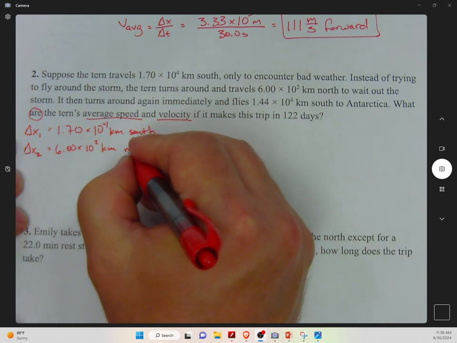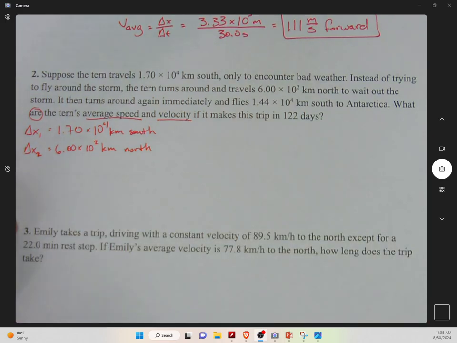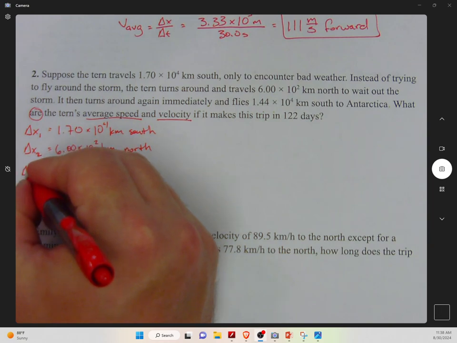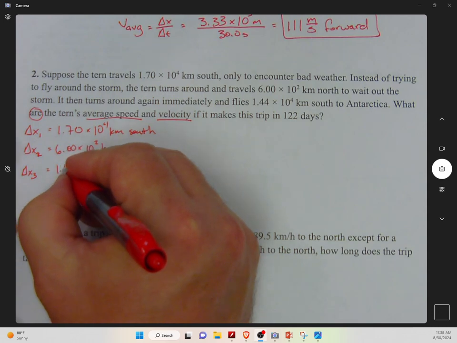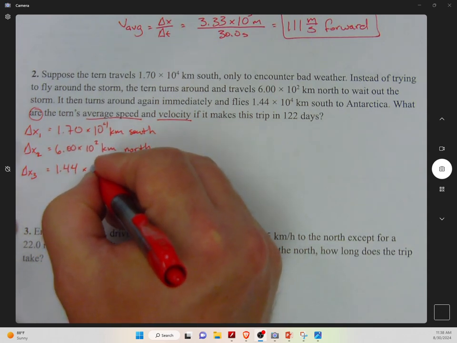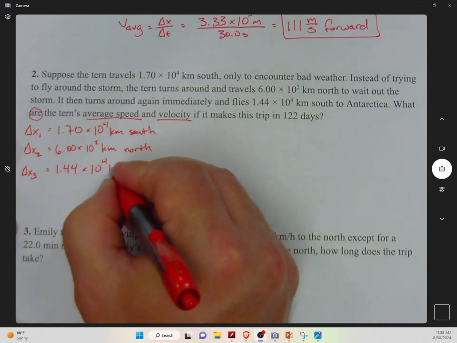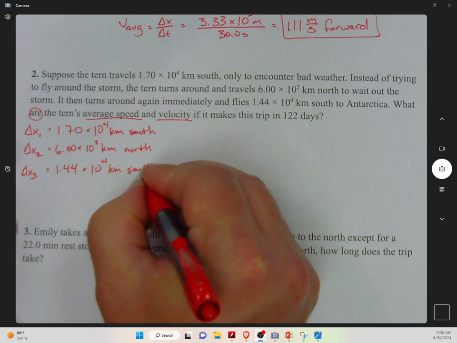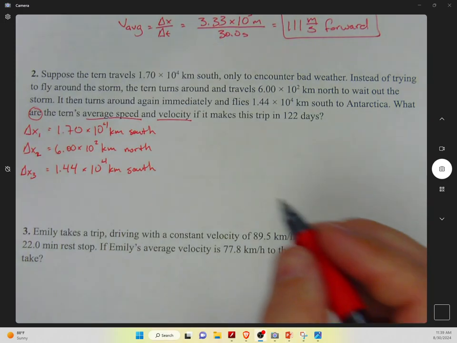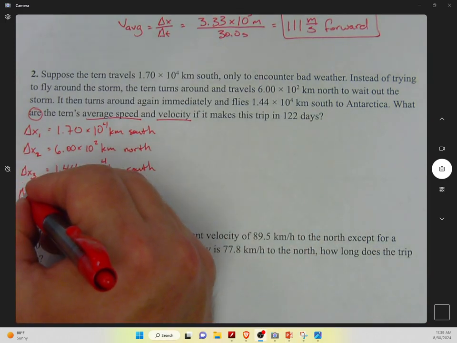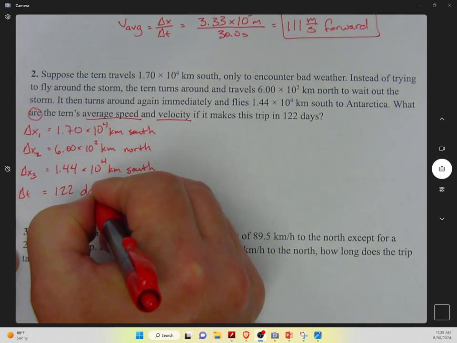But this one is north. My third delta x is going to be 1.44 times 10 to the fourth kilometers, and this one is going south again. Okay. I also have a delta t because this trip happens in 122 days.